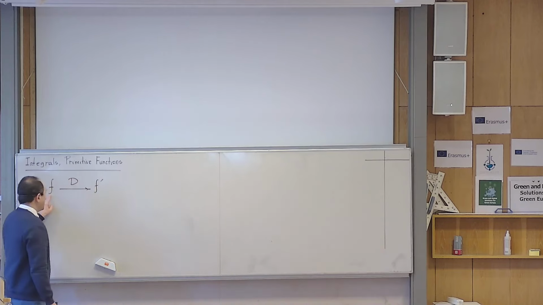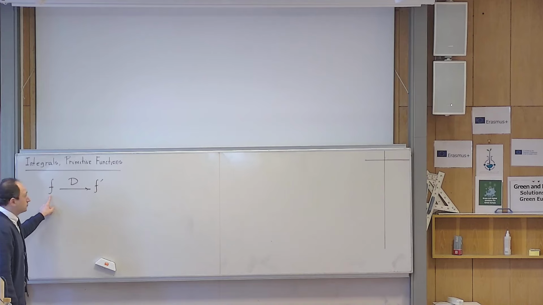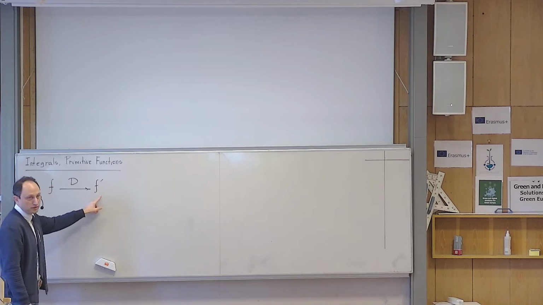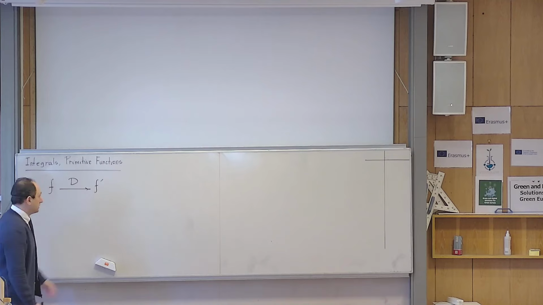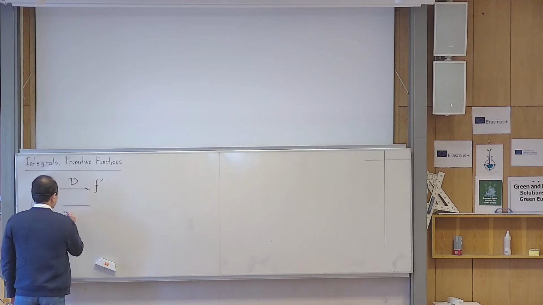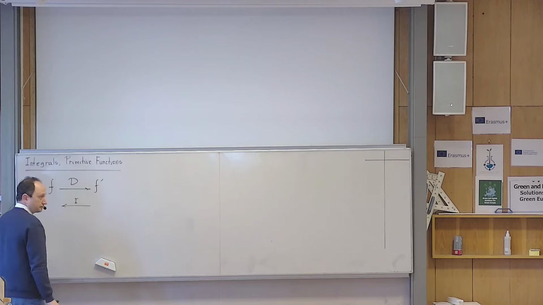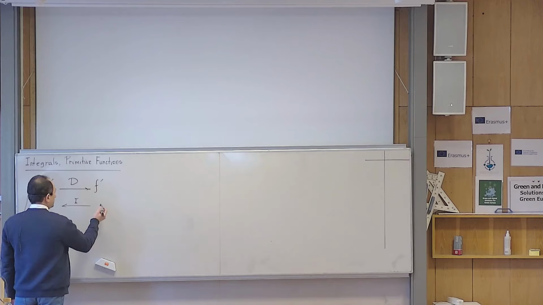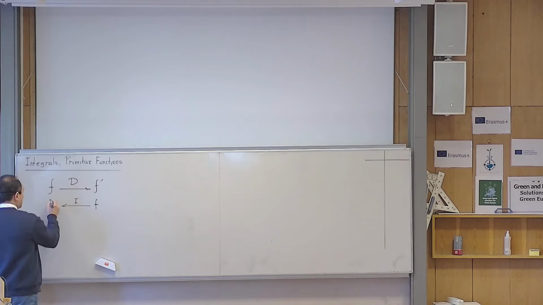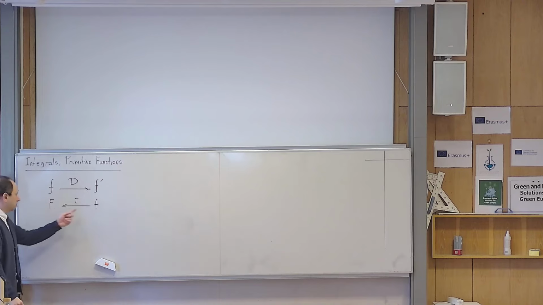So in differentiation, I give you a function, you do a process on it, you get a new function, which is called the derivative. Now, primitive functions, because of the integral, let me call it I. I want to go from a function f to a primitive function, which is called capital F. Okay, so this is the standard notation we use.